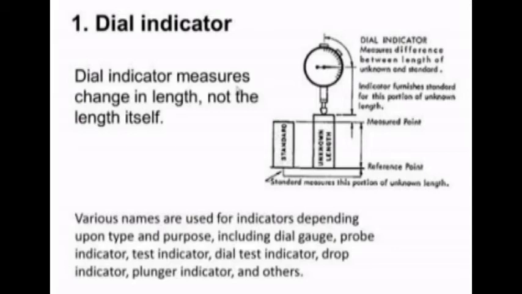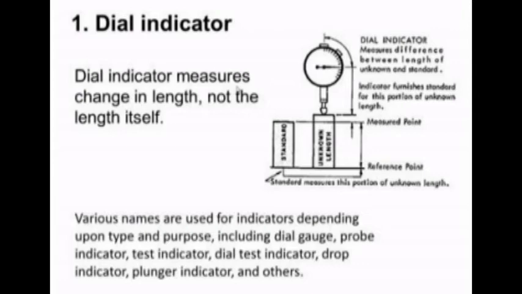Now this figure shows the arrangement of the dial indicator, and this table on which the standard or workpieces are placed. So there is a reference point and there is a standard. For example, slip gauges can be used as a standard to set the desired distance between the plunger and the reference point.